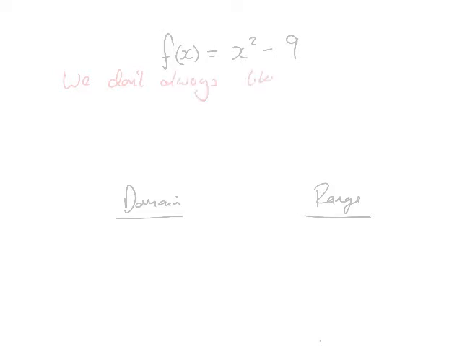Sometimes that's what we want. We say x is all possible values of the real numbers, and that can be perfectly legitimate. However, sometimes we like to restrict the values of x that we put in just to a smaller set of numbers, such as only positive numbers or between 2 and 4. So we can exclude values of x.